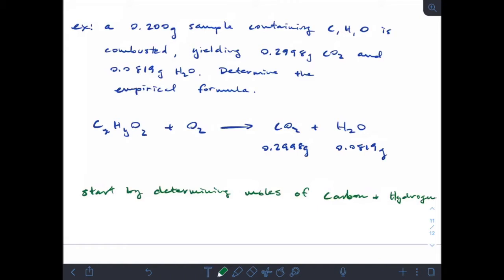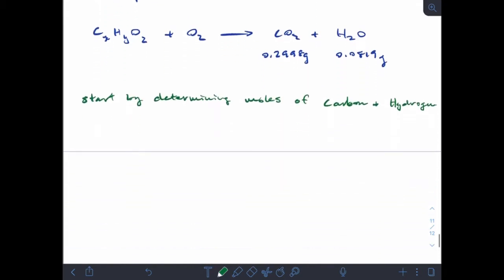And we're going to use that information to find out how much of the oxygen came from the O2 and how much of it came from the reactant. So I'm going to start with my CO2. And I'm going to find moles of CO2.